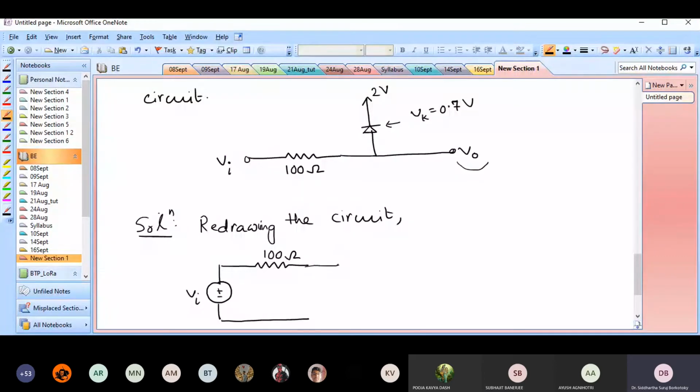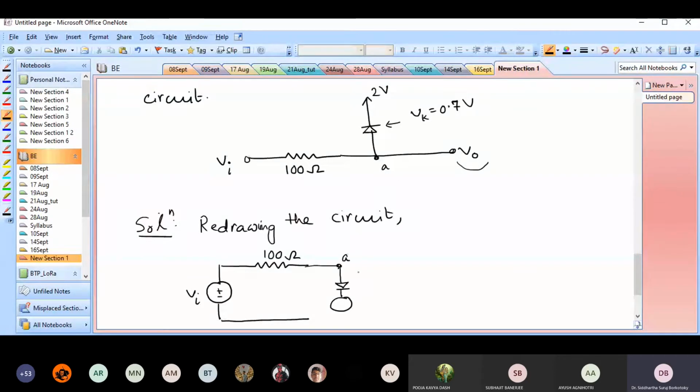Then this particular point, let's call this point A. From node A I have a diode, and the diode's P terminal is connected to node A. So I have to be careful about these specific polarities.